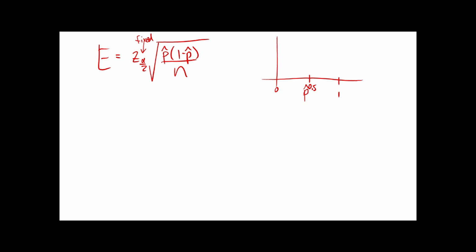It turns out, if you look at this quantity, p hat times 1 minus p hat, there's a maximum value it could possibly be, and it reaches its maximum value right here at 0.25 when p hat is 0.5. So this is the max it can be.